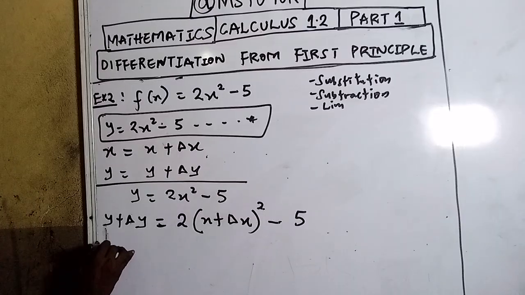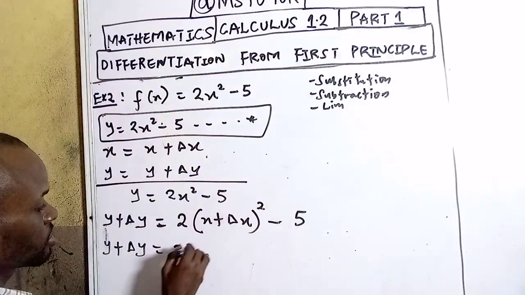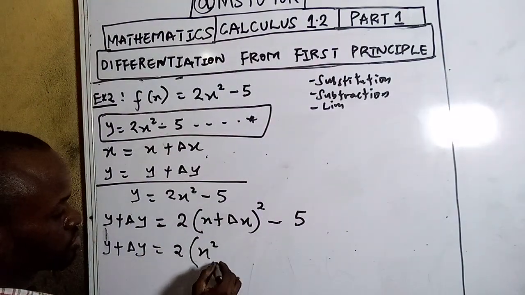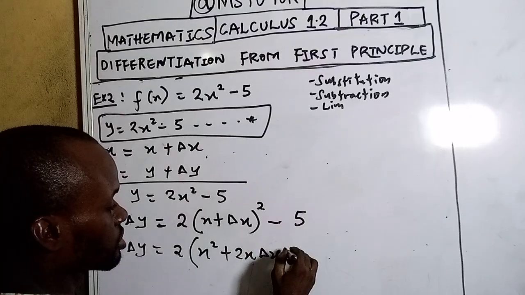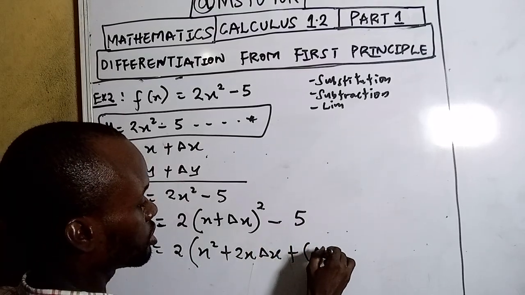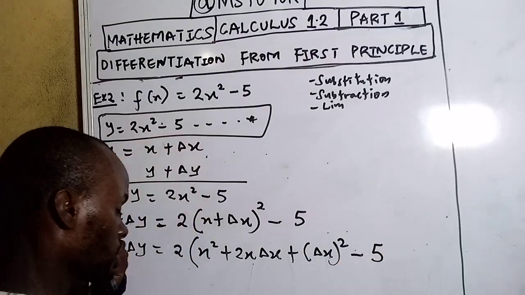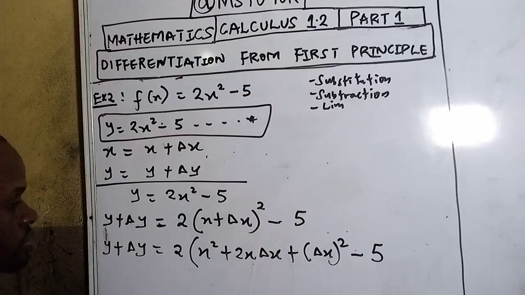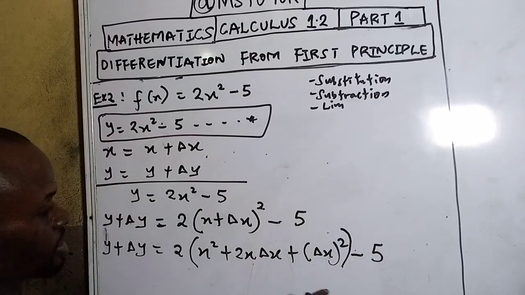So this will remain y plus dy, because if we expand, this becomes x squared plus 2x dx plus bracket dx squared, minus 5. This part we still have to multiply through by 2.